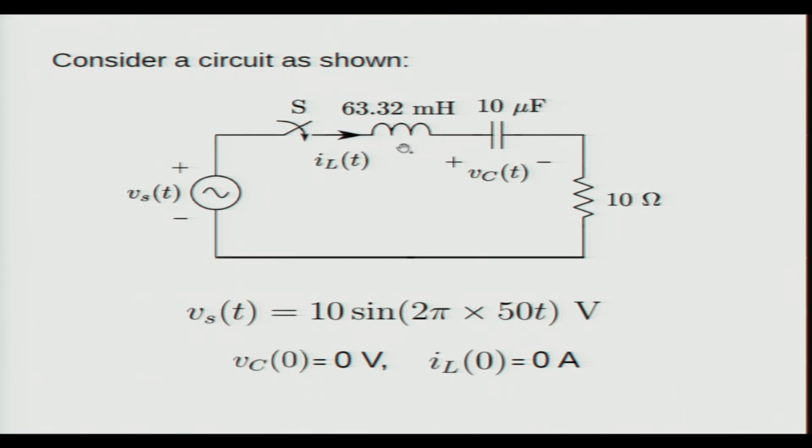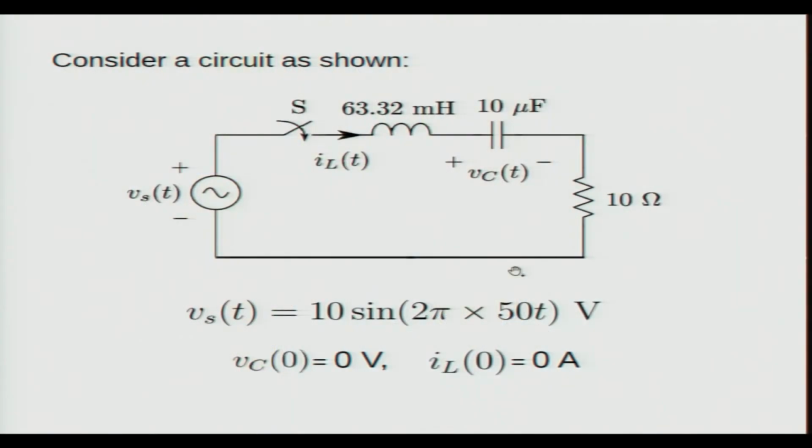So, in sinusoidal steady state, you will find that the current and voltage will have a 90-degree phase shift, that is the current through the capacitor will be 90 degrees leading the voltage, because C dVc by dt is equal to I, and this is satisfied not only during transients, but also during the steady state.